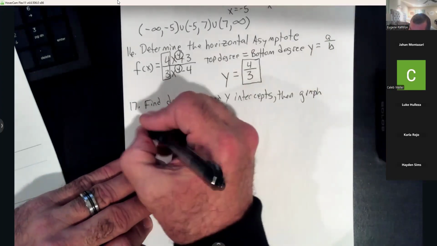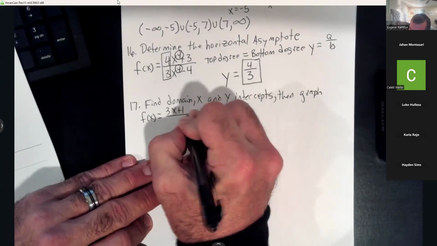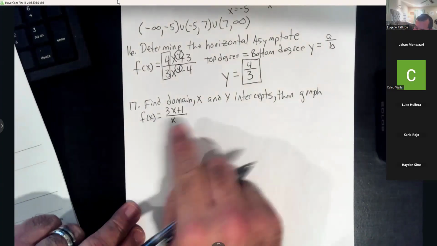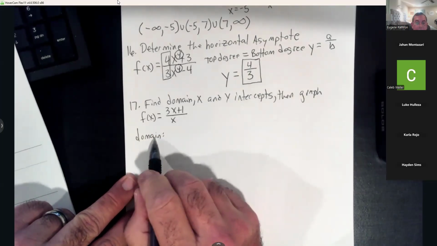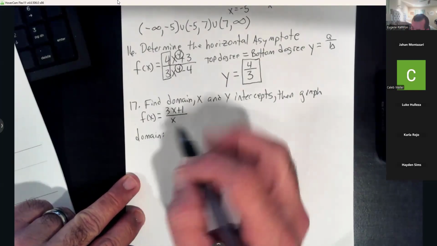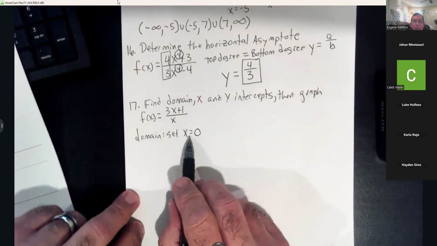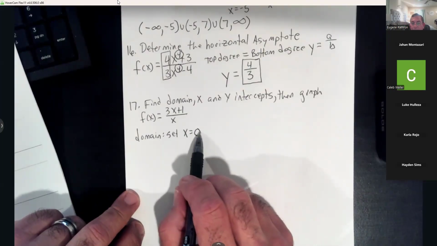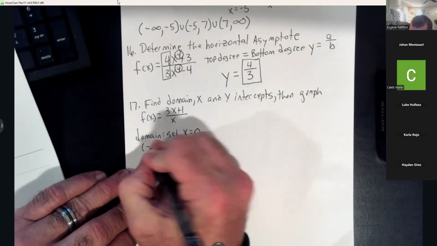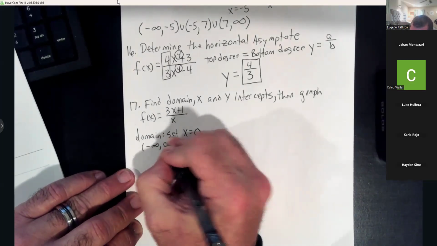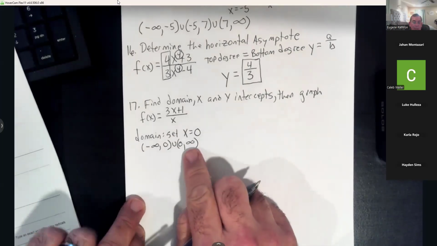My function is f of x equals 3x plus 1 over x. So to find the domain first, I'm going to set the bottom equal to 0. Well, y'all, that's done. I can't do nothing else for that. So the only number x cannot be is a 0. So remember, I'm doing my domain in interval notation. It'll be from negative infinity to 0, union around 0, until we go to positive infinity.